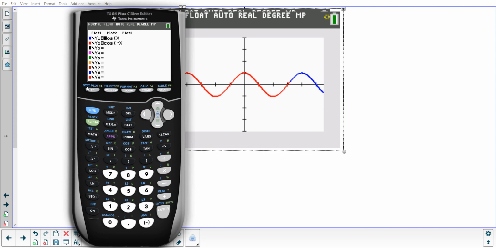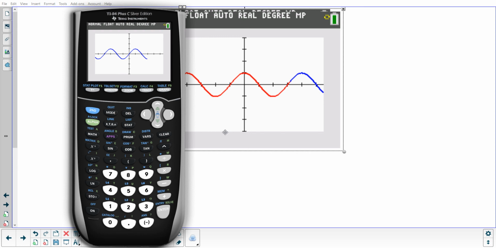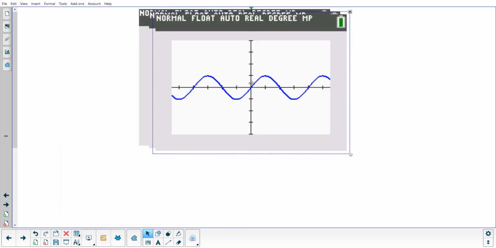All right, let's take sine. And does the graph of sine have symmetry over the y-axis? What do we think? Is the graph of sine symmetric over the y-axis?